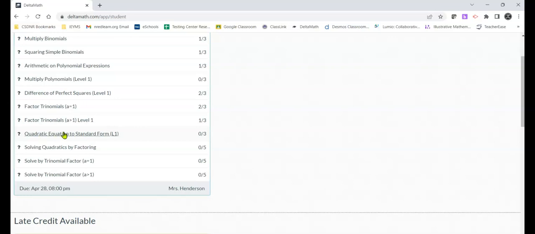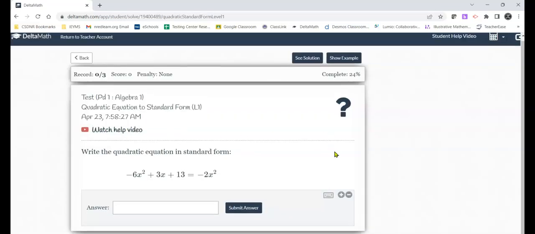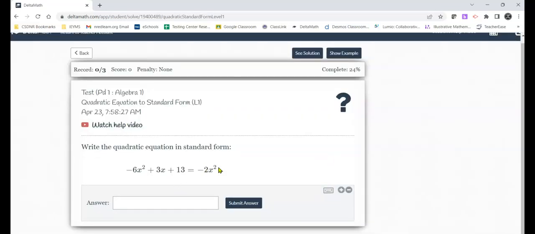But first we have to make sure that we know how to write our quadratics in standard form. So standard form means that all of your terms are on the left side and there's a 0 on the right side. And in order to do that, I'm going to have to use an inverse operation or add 2x squared to both sides.